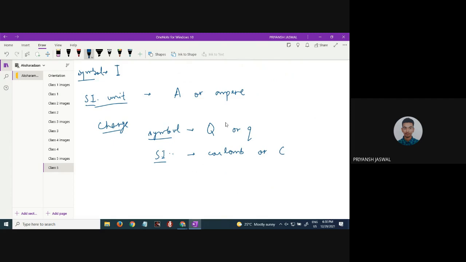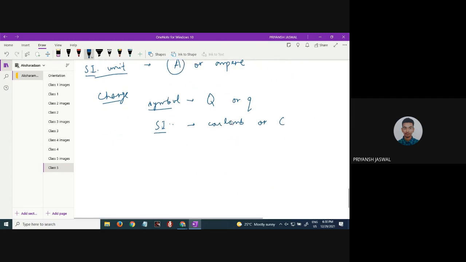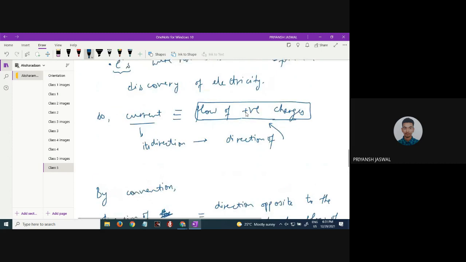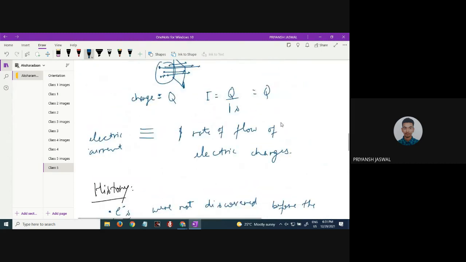So this current being denoted by ampere, how would we define 1 ampere flow of current? 1 ampere is defined as the flow of 1 coulomb charge per second. We can see it from here also, where we define this.